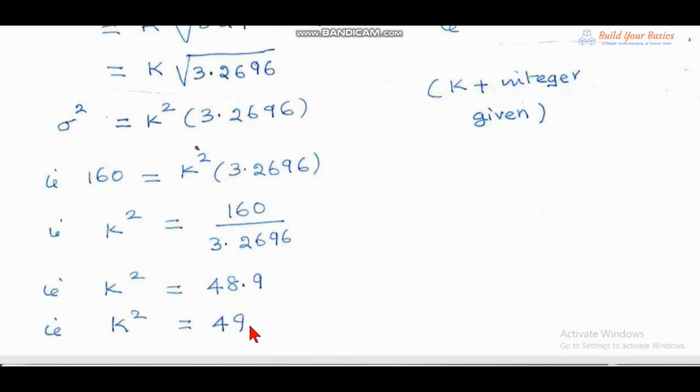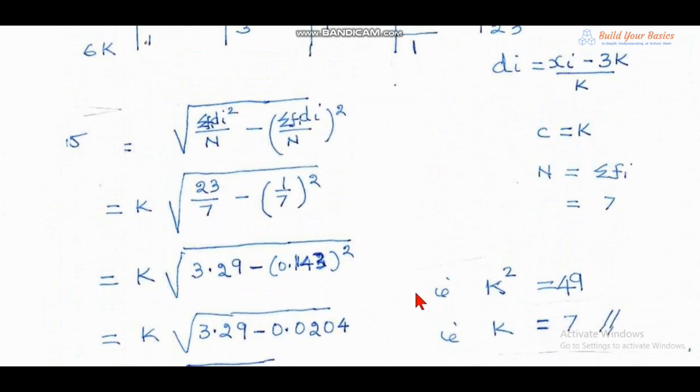So k squared equals 49, k equals square root of 49, that is plus or minus 7. But it is given in the problem that k is a positive integer, so we take k equal to 7. That's all. We have found the value of k.